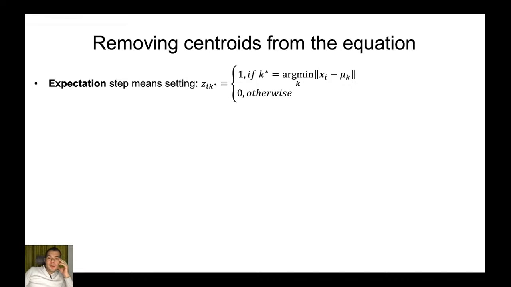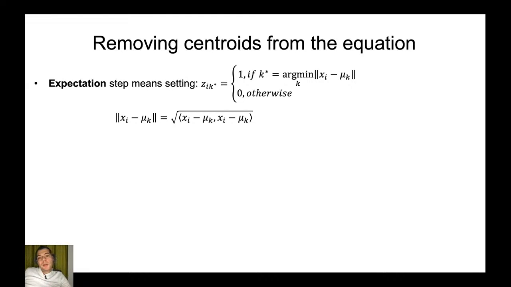For kernel k-means, we show here how we can change the k-means into a kernel form. In the expectation step, this is for the hard k-means, we have the assignment z of i and k star with this function.